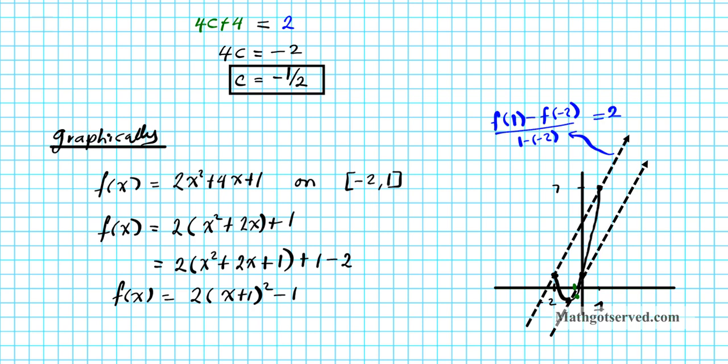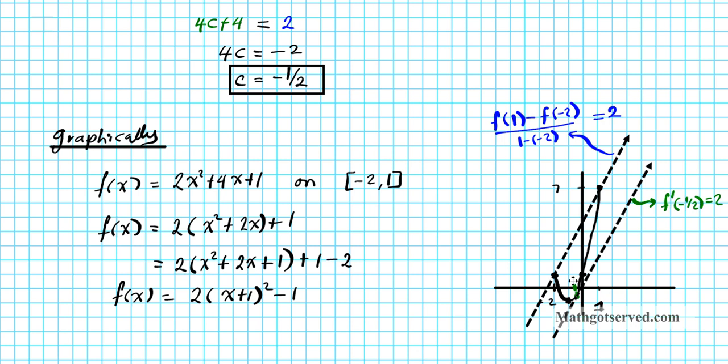All right, so let's do it like this. At this point right here, it's parallel. See this point? At -1/2, you have a slope that's equal to 2. So in this case, f prime of -1/2 is equal to 2.